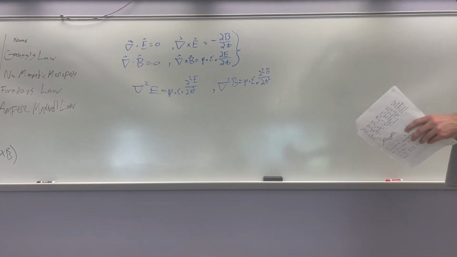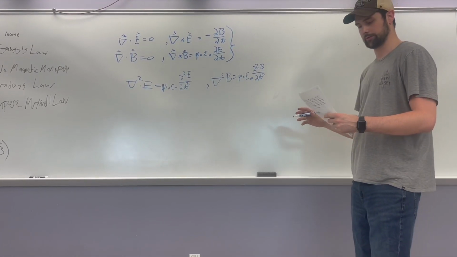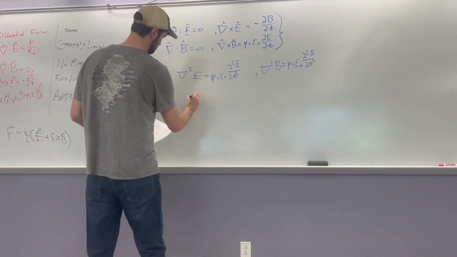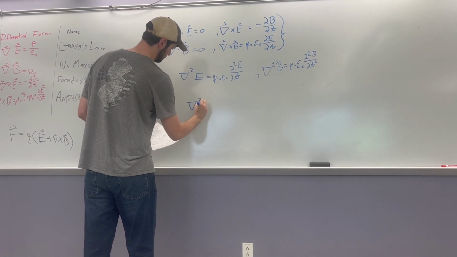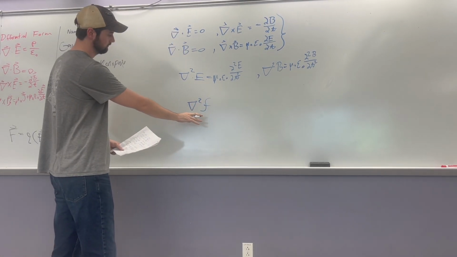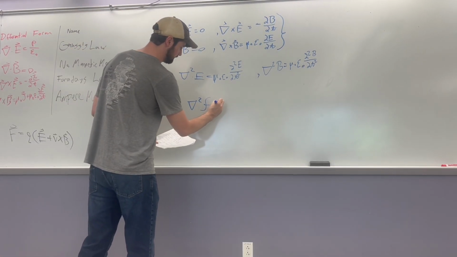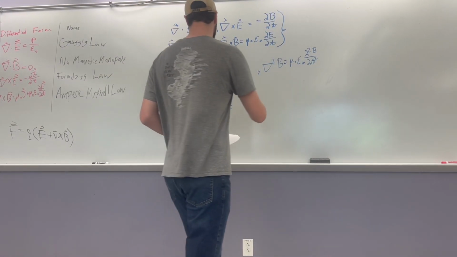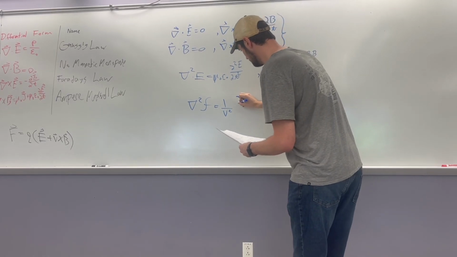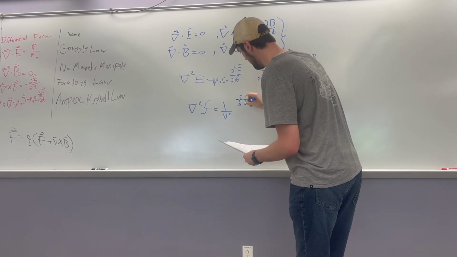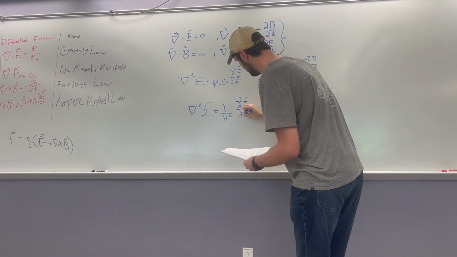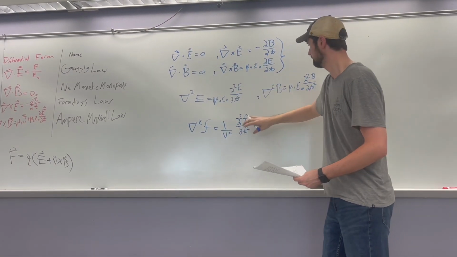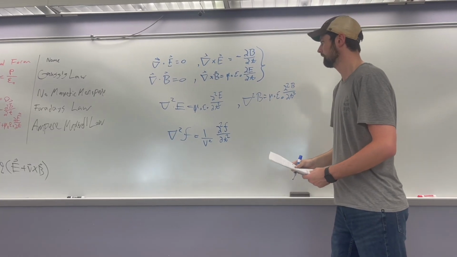So this satisfies the standard general three-dimensional wave equation, which is as follows. F is a function, is equal to 1 over the velocity squared times the second order partial of F with respect to t. You can see there's a parallel here between these and this.